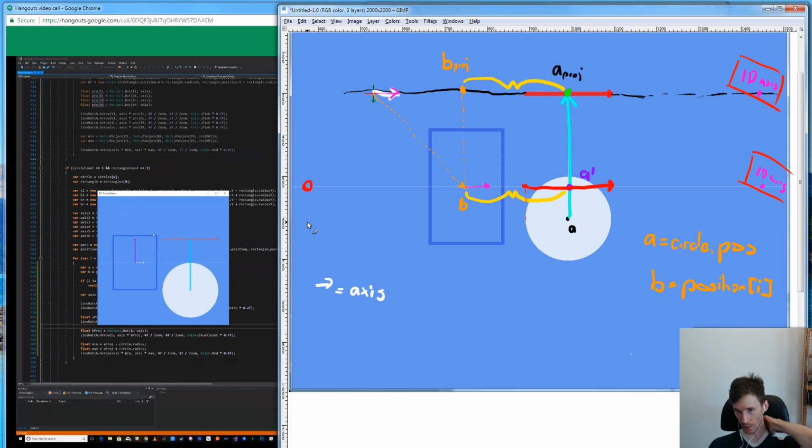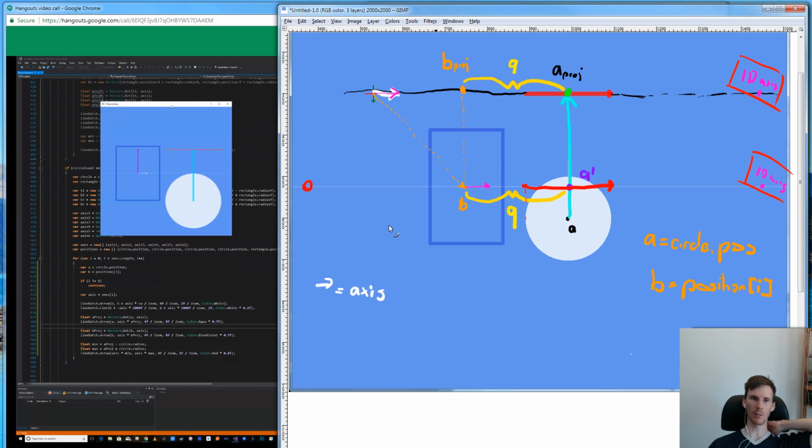Okay, so what we're trying to do is get this distance, and we're going to call it Q. And we have this distance which we now know is also called Q. So let's try and calculate Q, and then once we have Q, the rest of it falls into place really quite easily.